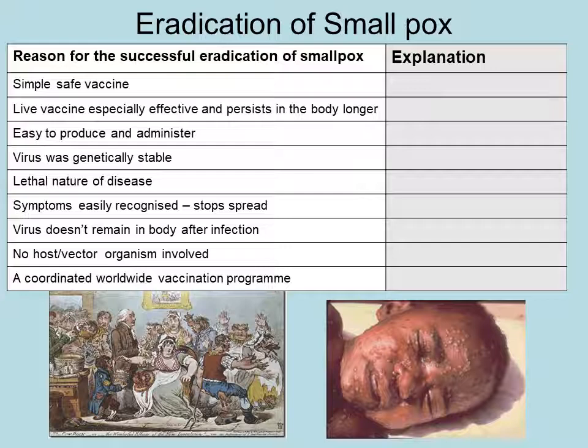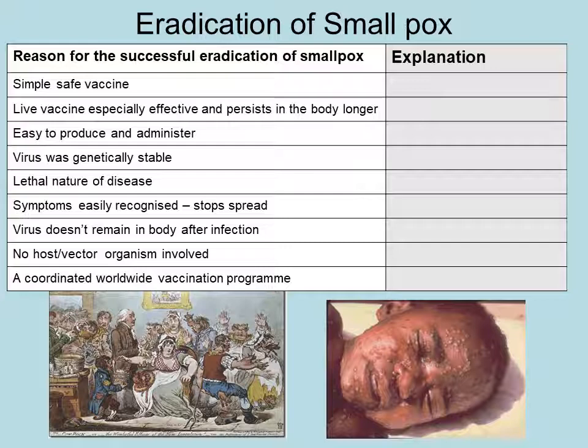A virus that changes all the time makes it very difficult to create a vaccine for it. That's one of the reasons why it's very difficult to create a vaccine for the cold, because the cold doesn't stay the same, and colds are all slightly different, so its constant mutation rate makes it hard to produce a vaccine.